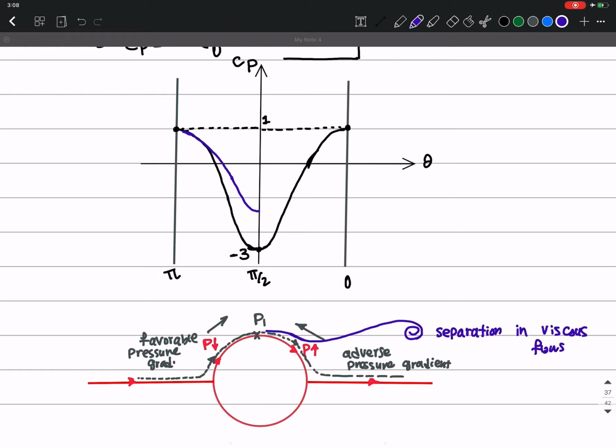And then when it wants to increase, it will not go back to its level at 1 here. Because of the viscous effects, it will go back a little bit higher, but not that much. So this is the real case with viscous flow.